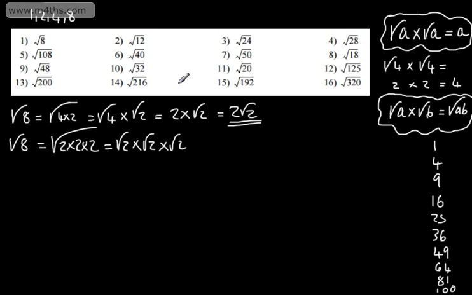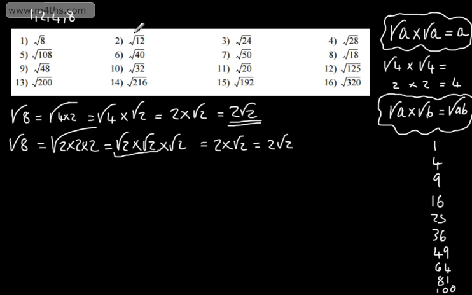Using this property here, we have a pair of these root 2's. That is going to give me 2 multiplied by root 2, which of course is 2 root 2. As soon as I have a pair of roots that are the same, root a multiplied by root a is a. I don't like that method. I will let you use it if you want to, entirely up to you.